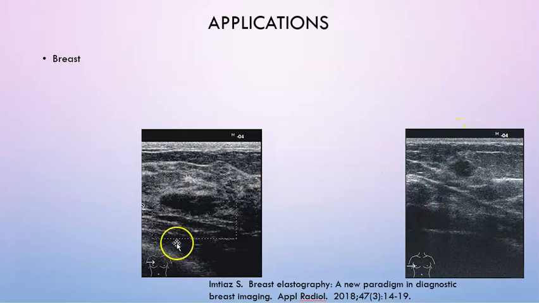And under elastography, it turns out that this lesion on the right is the cancerous lesion, and this lesion on the left is non-cancerous. So the BI-RADS score can change up or down depending on the hardness of the material.